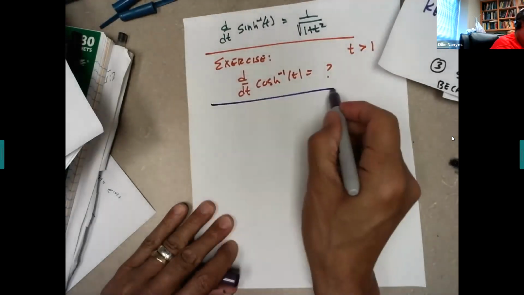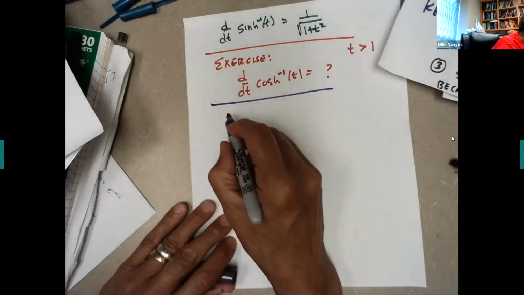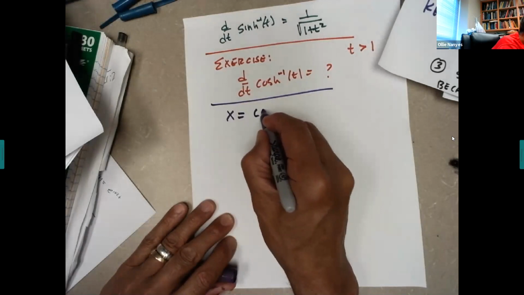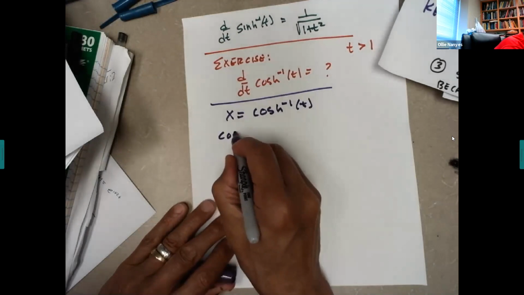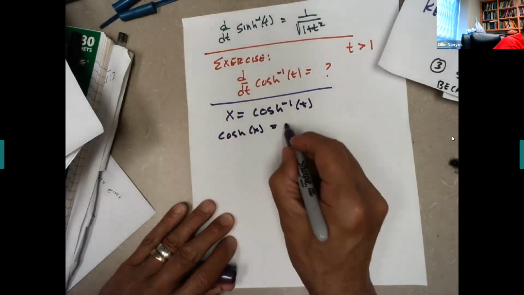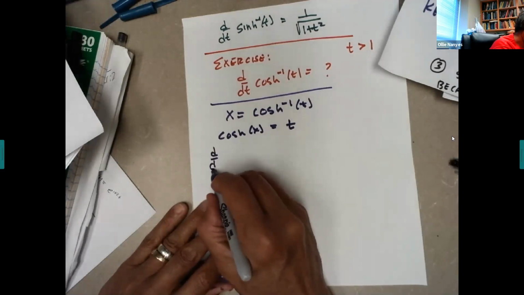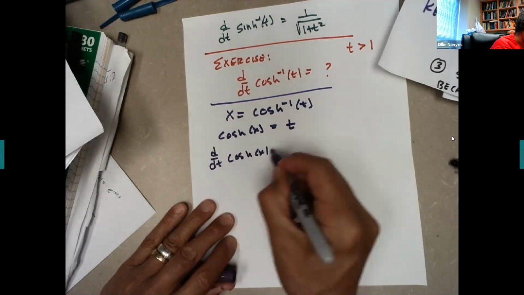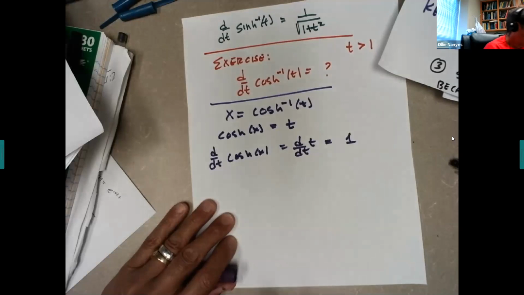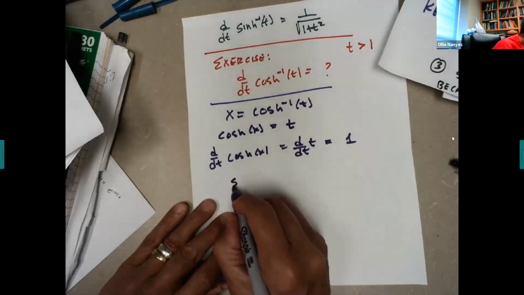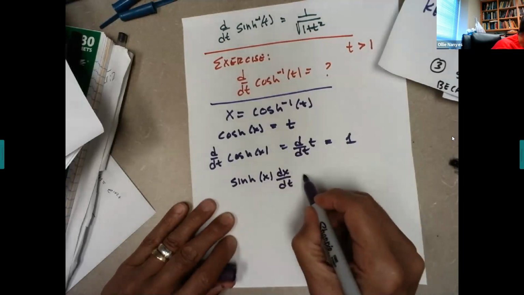How I'm going to work on that is I'm going to use implicit differentiation. So I'm going to say x is this, like so. That's going to be t. Differentiate with respect to t. So we get hyperbolic sine of x times dx dt, which is what we're after.